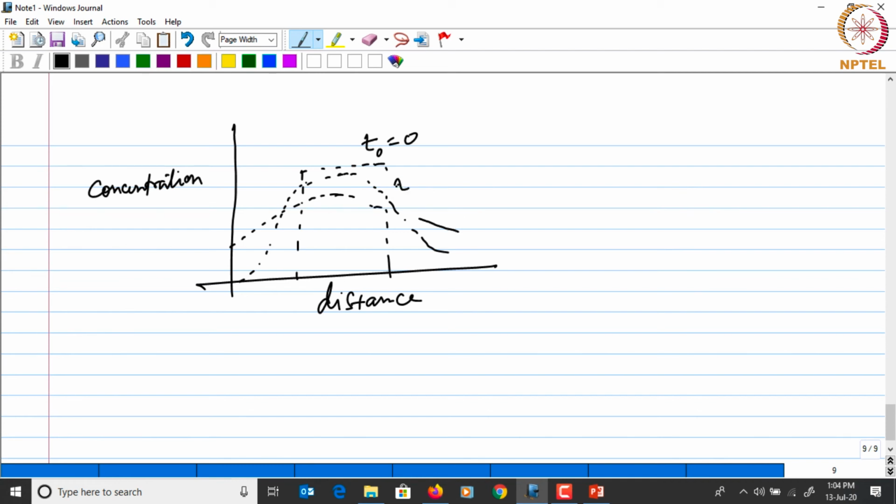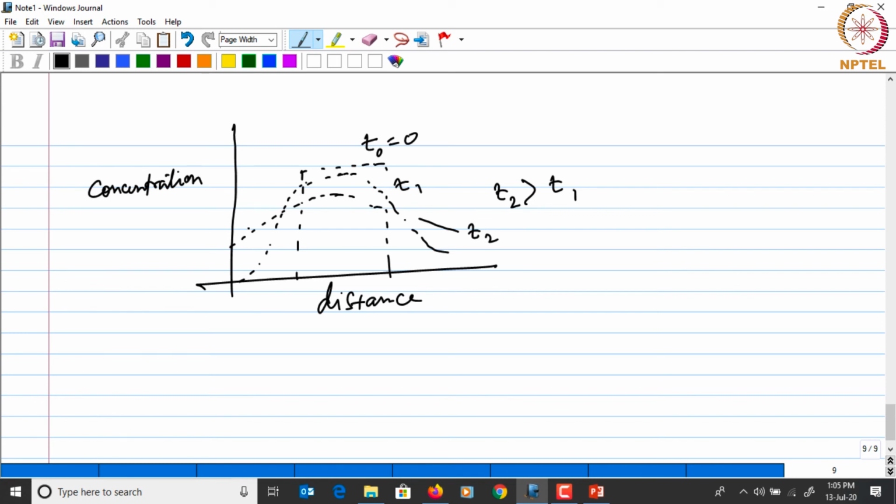So let's say this is at T1 and this is at T2, where T2 is greater than T1, then you can see that as the time is increased, the gradients are also becoming smaller.